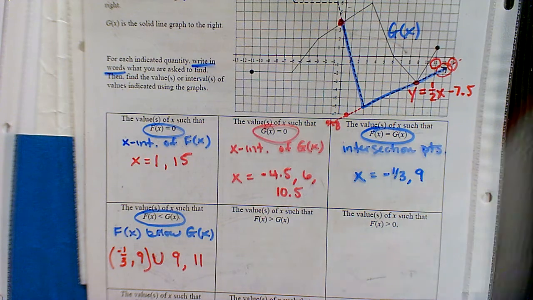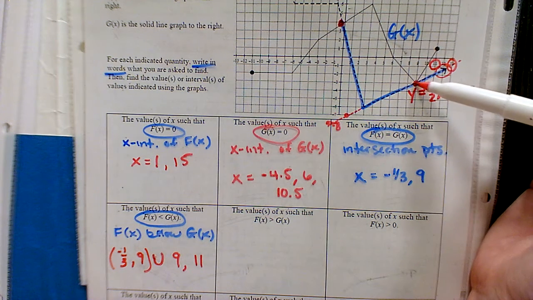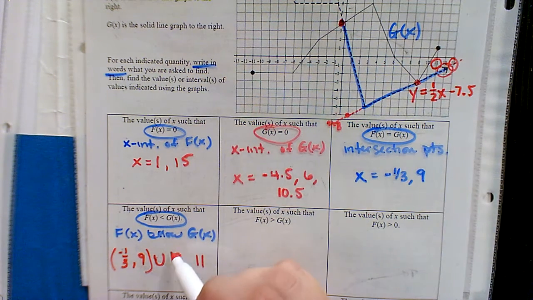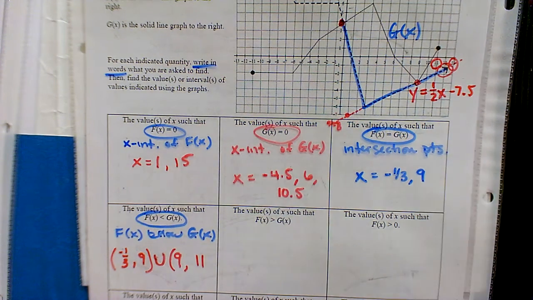So in terms of answering the question, is this point on the dotted graph below the solid graph? No, because they're intersecting there, right? They're exactly the same. So that 9 would need a parenthesis.